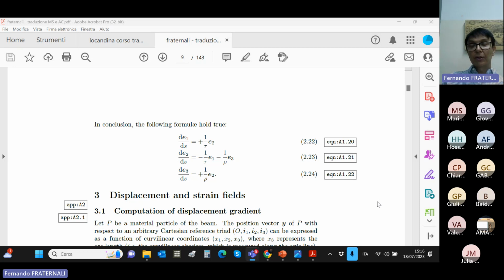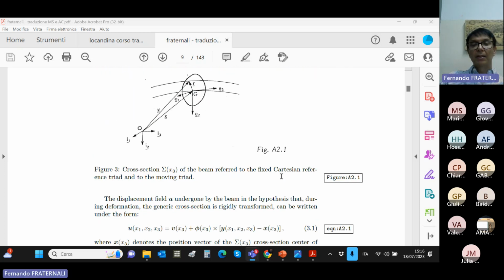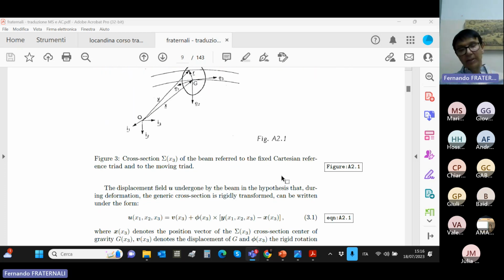Next, Antonio has presented our basic assumption about the displacement field that is exhibited by the beams that we are analyzing.